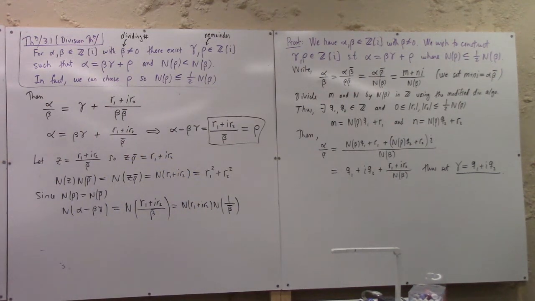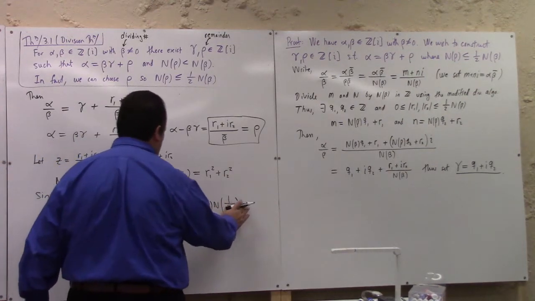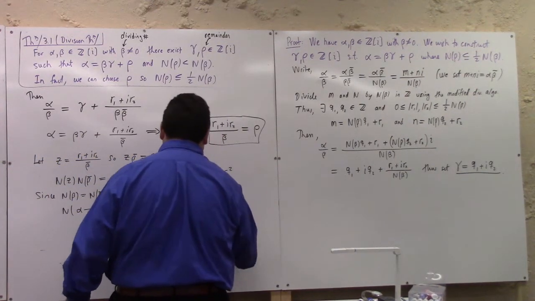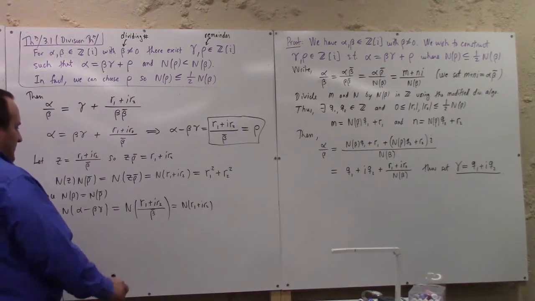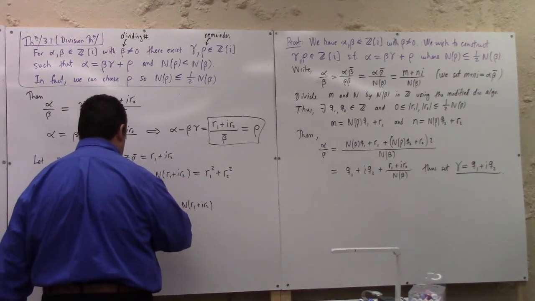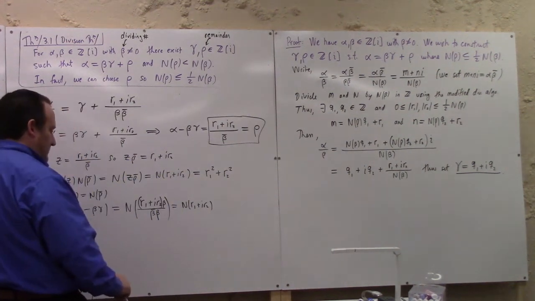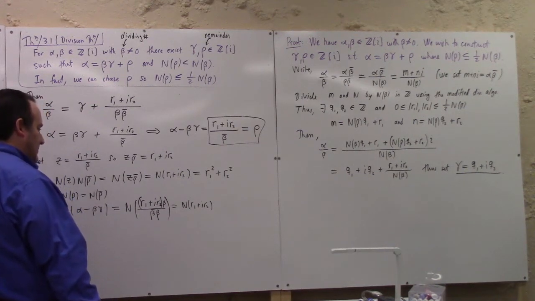I don't think you need to do that here. Yeah, fair enough. So you're saying multiply this by beta over beta? And if I do that, I get, no, well, you can break it up first and then just multiply that norm by beta.